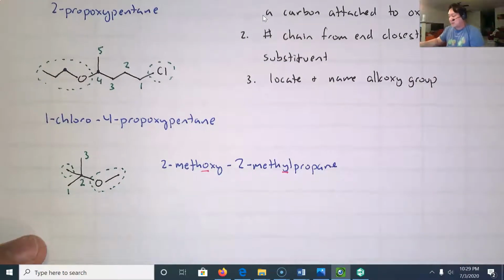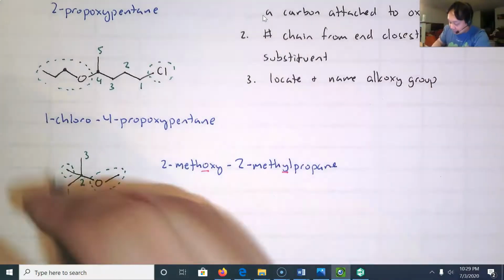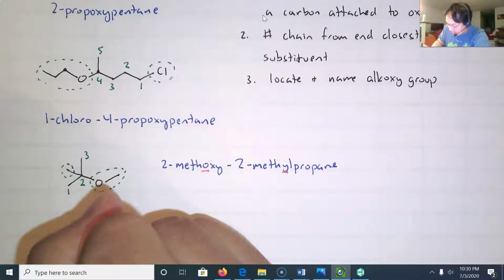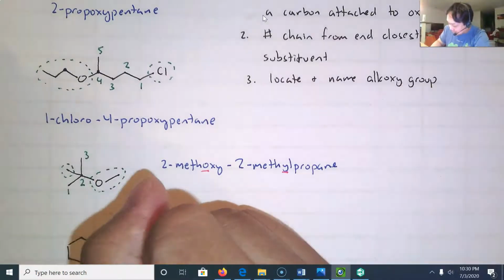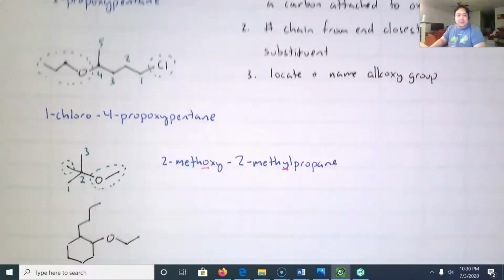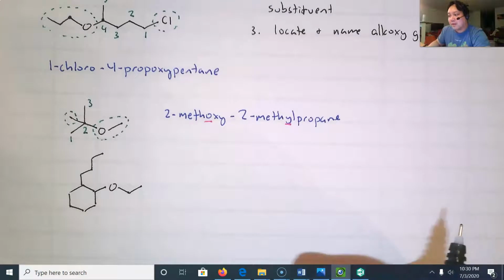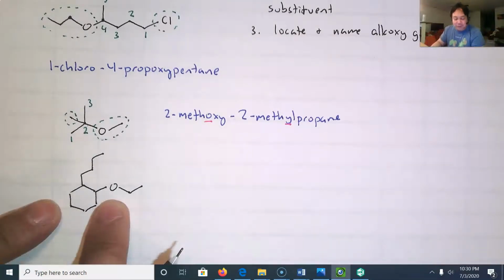Alright, let me show you an example where we have a ring as part of the ether. Now, I'm going to show you how to name a molecule like this. Okay, so that's a cyclic ether, but actually I should say that this is an ether with a ring attached to it.